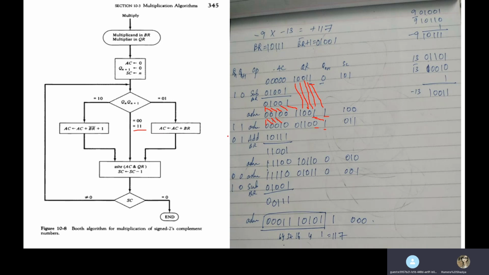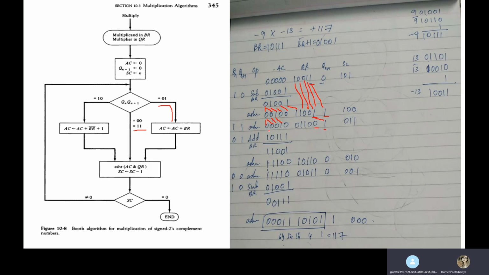As a consequence, you get Qn plus 1 to be 0 1 after the arithmetic shift right operation. 0 1 implies that you have to perform addition.